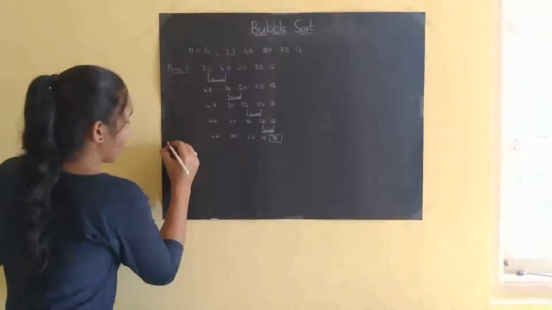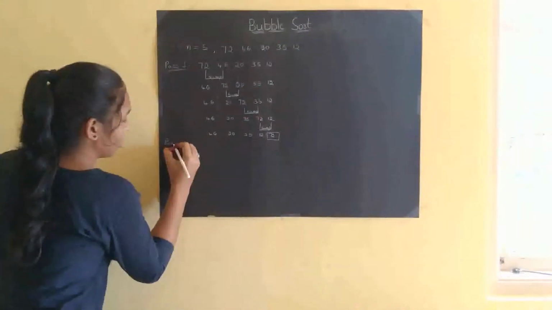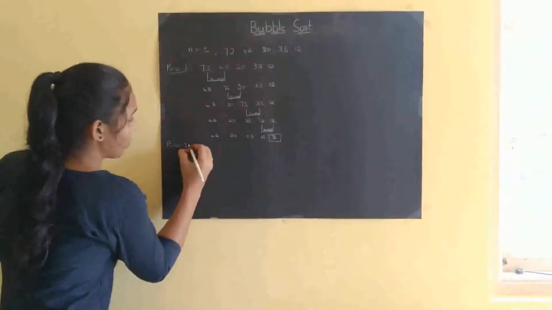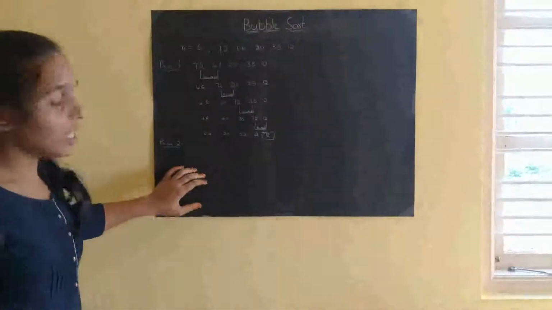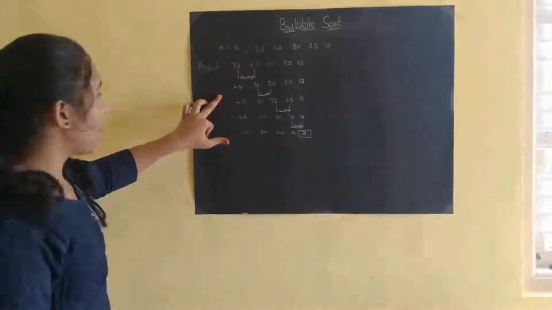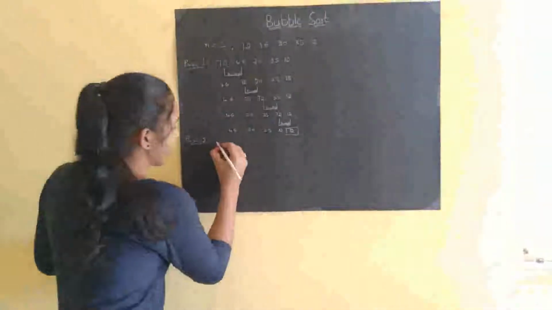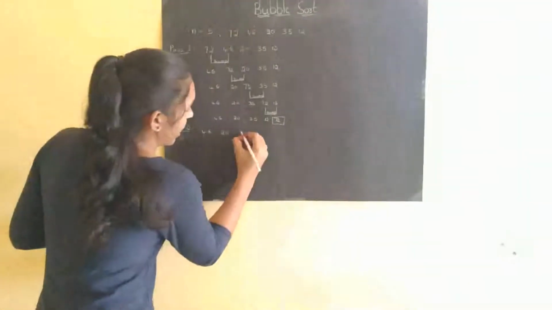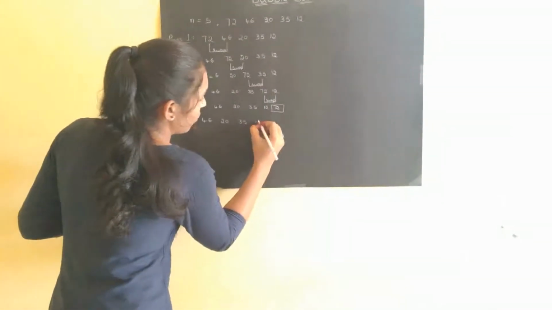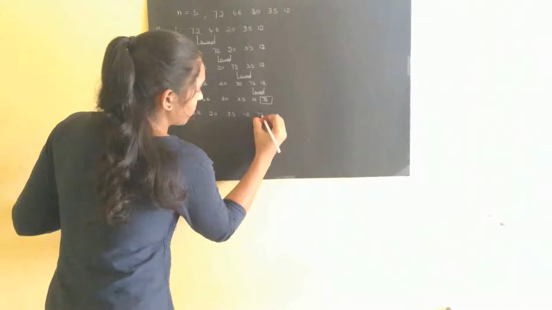Next we go with pass two. We have to repeat the same process as in pass one, and we have the elements as 46, 20, 35, 12, 72.